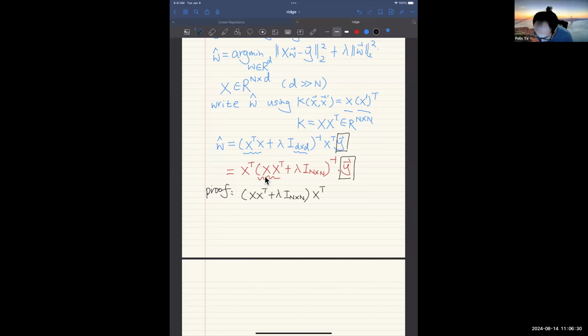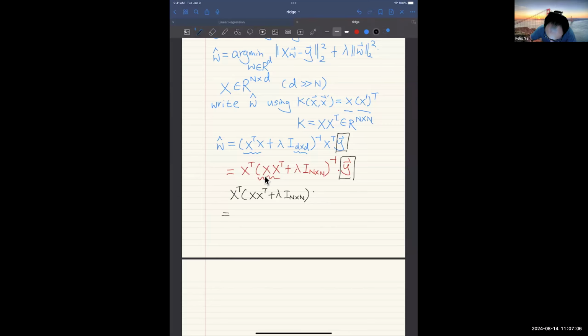Sorry, I think that was wrong. Let me think about this. Oh, sorry, I think it will be like this, multiplied by X transpose here. So let's calculate this whole thing.